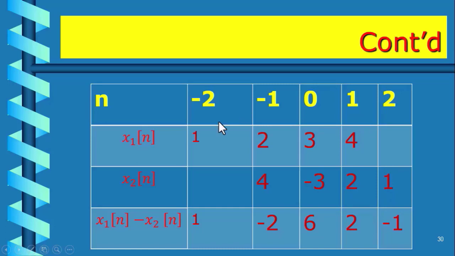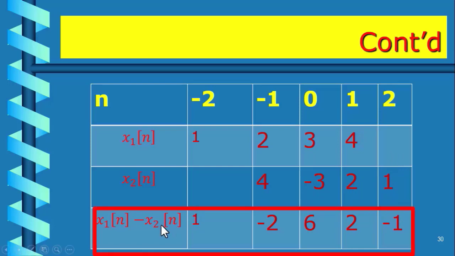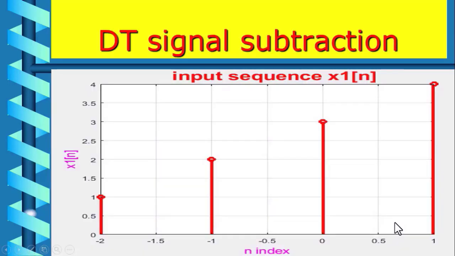The difference between x1 of n and x2 of n is 1 minus 0, which is 1; 2 minus 4, which is minus 2; 3 minus minus 3, which is 6; 4 minus 2, which is 2; and 0 minus 1, which is minus 1. Therefore, y of n is 1, minus 2, 6, 2, and minus 1.